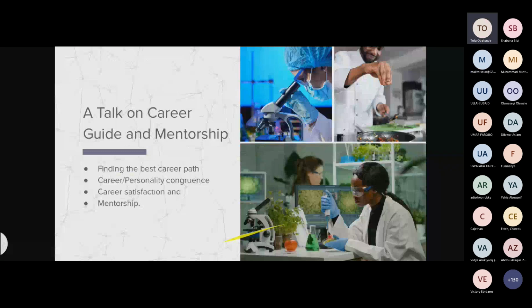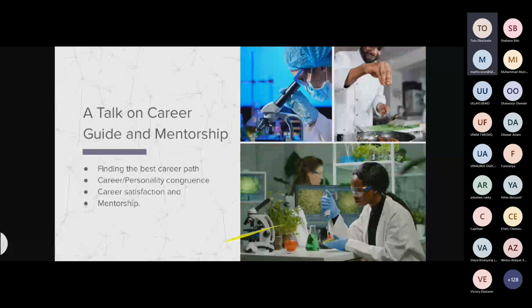And one other thing you should also expect is career personality congruence. And this is actually very key. Career personality congruence means that you select a career that suits your personality. This improves the probability of career satisfaction, and it also improves how successful you can be in that professional space.